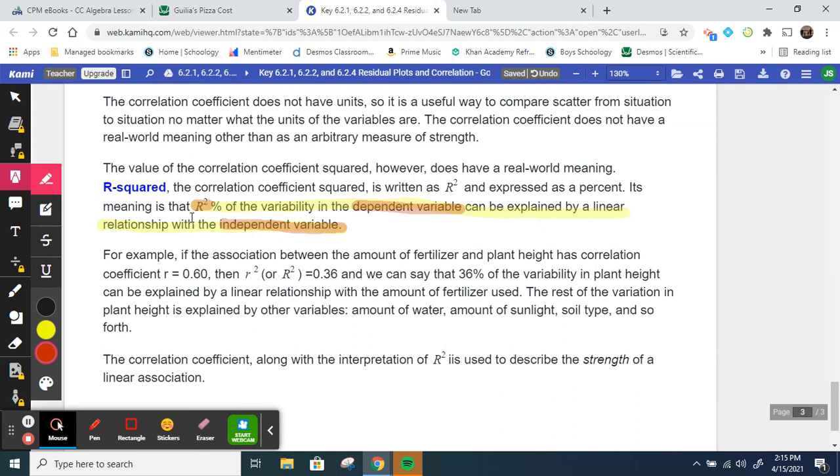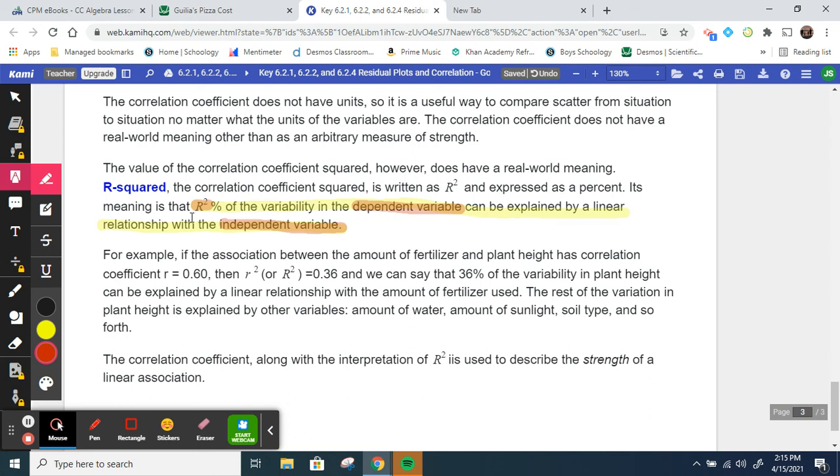I would convert that to a percent of 36% and say 36% of the variability in plant height, which is our dependent variable, can be explained by a linear relationship with the independent variable, which is the amount of fertilizer used. The rest of the variation in the plant height is explained by other variables like water or sunlight or soil type or whatever.